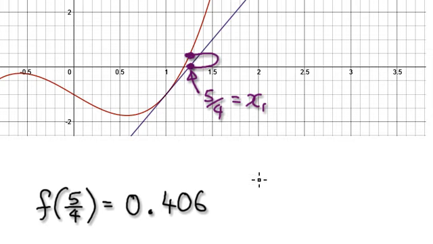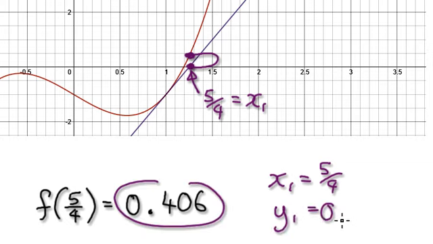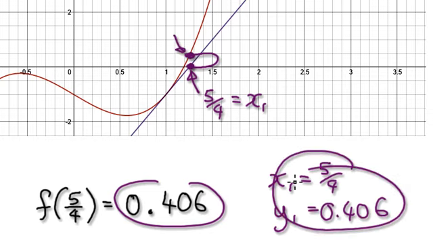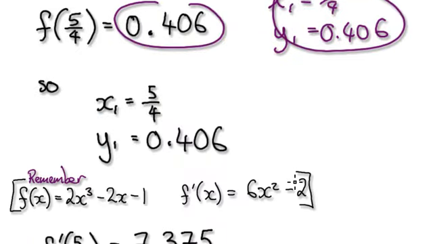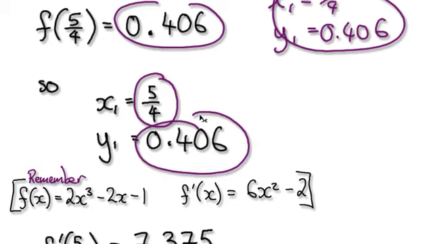So now we know x1 equals 5 over 4, and y1 equals this thing here, 0.4 and so on. So the coordinates here will be these. Now we know x1 and y1.